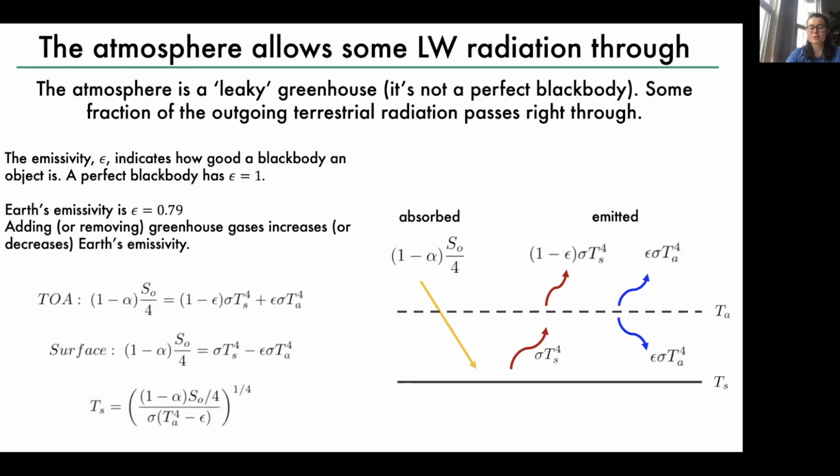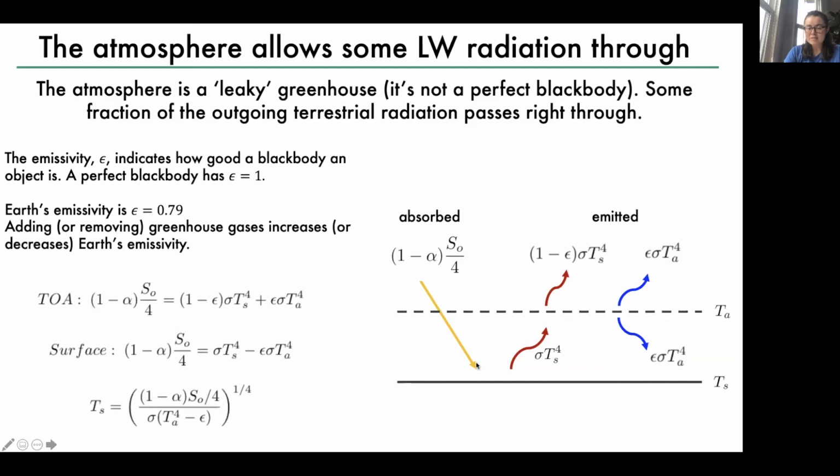So I have a new term to introduce, and that's the emissivity, or how good of a black body this object is. We're thinking about the emissivity of the atmosphere, which is about 0.79. And actually adding or removing greenhouse gases from the atmosphere is what changes Earth's emissivity.